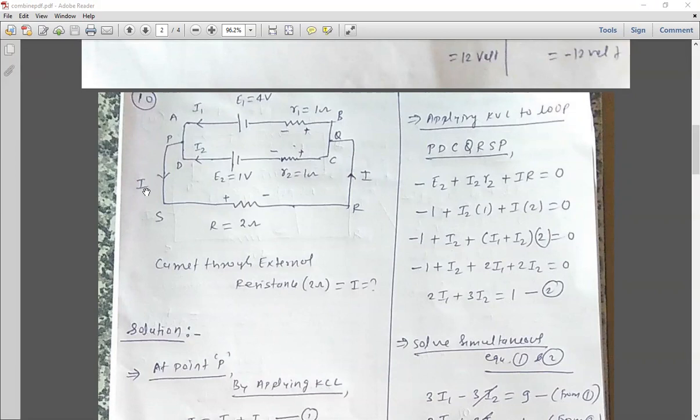I think you have understood the problem in the diagram: two batteries E1 and E2 with their internal resistances sending currents I1 and I2 towards the external resistance of 2 ohm.